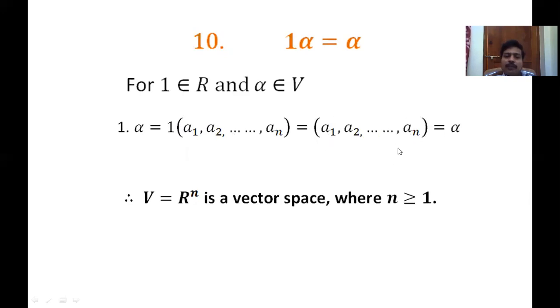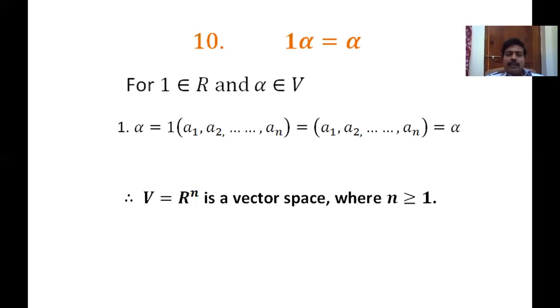So 1 alpha is equal to alpha. So we have proved all the 10 axioms of vector space. So we can conclude that V, that is Rn or R power n, we simply call it Rn, is a vector space. It is an n-tuple where n is greater than or equal to 1.